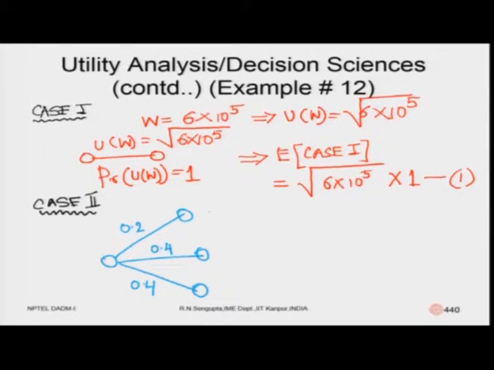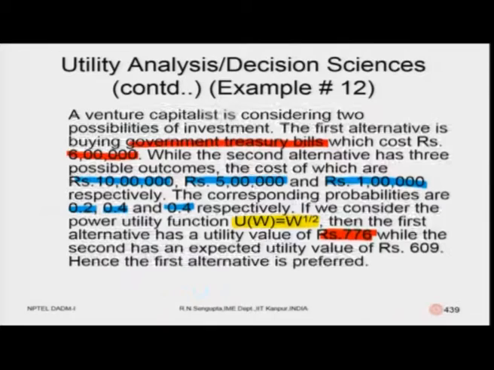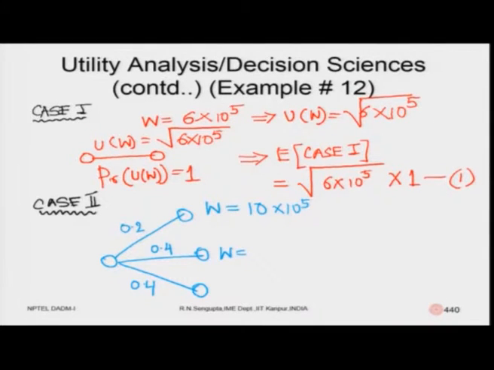So, the W values, obviously I will write the UW values. The W value is given as 10 lakhs, W value is given as 5 lakhs, and W value is given as 1 lakh.